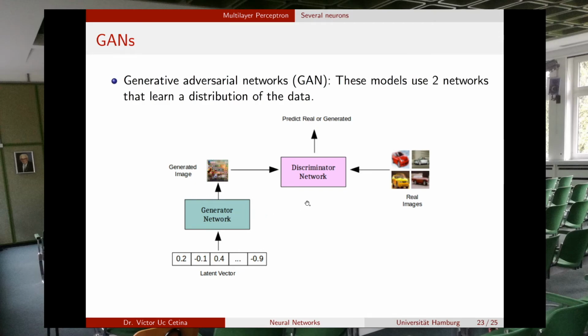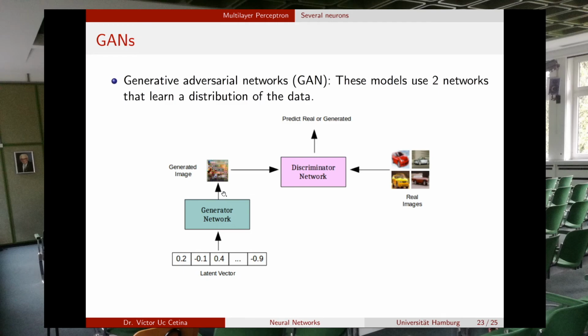And they are called adversarial because one network will try to fool the discriminator, making this network believe that some artificial data is real data.